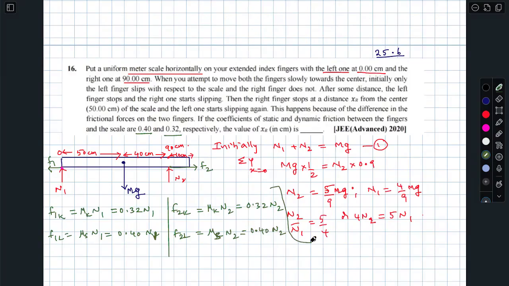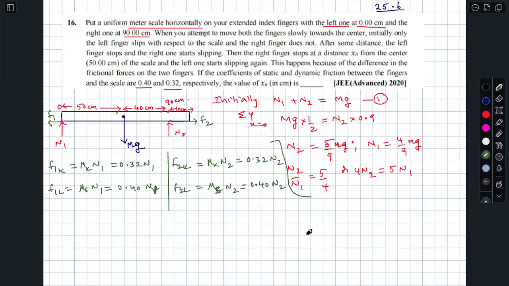This is all a different league, and just maintain the data. Where is normal reaction high? You can see normal reaction is high at N2 here. Of course, you are trying to move, I know, but out of both, slipping starts at which end? Will this be at the left end or will this be at the right end? That you need to see.